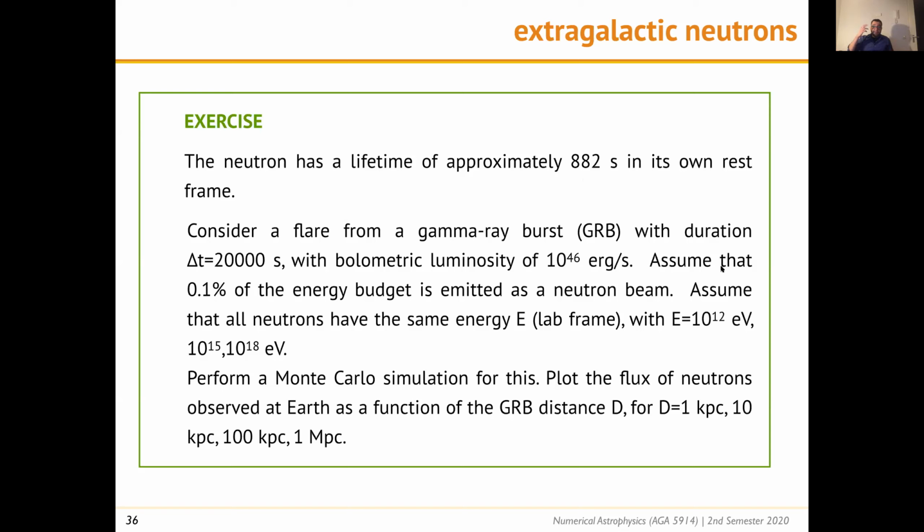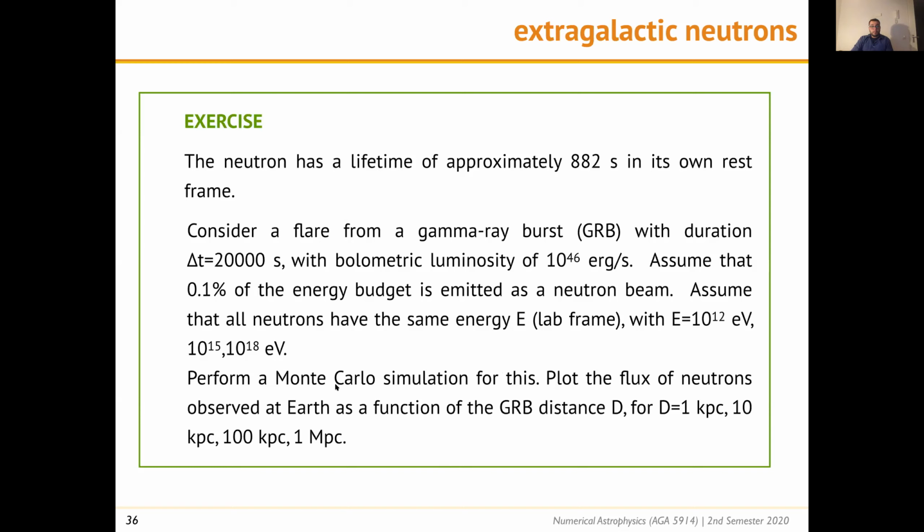Of course, just intuitively, you can think that they can travel 882 seconds, and you convert that with the speed of light into a distance. That's how far this neutron can travel. But the exercise is to write a Monte Carlo code for this. You know that the neutron lifetime is essentially an exponential decay, e to the minus t over tau, where tau is the lifetime. You have the relativistic Lorentz factors here.